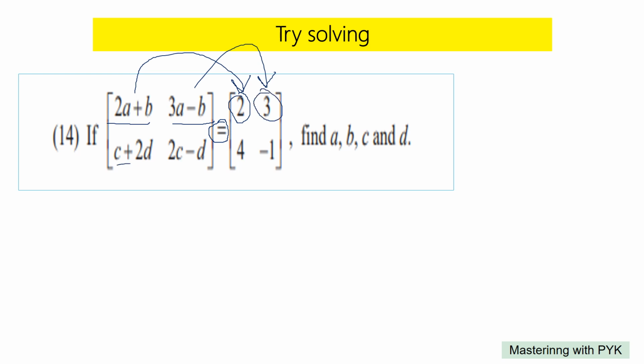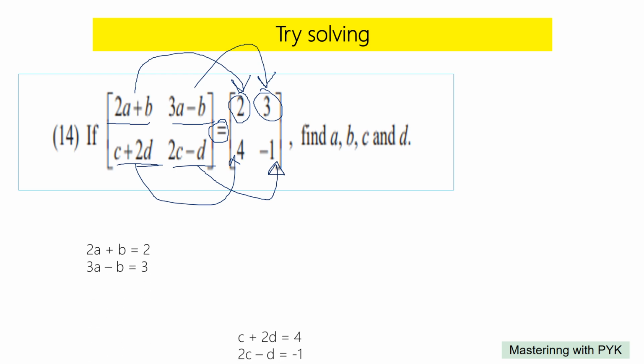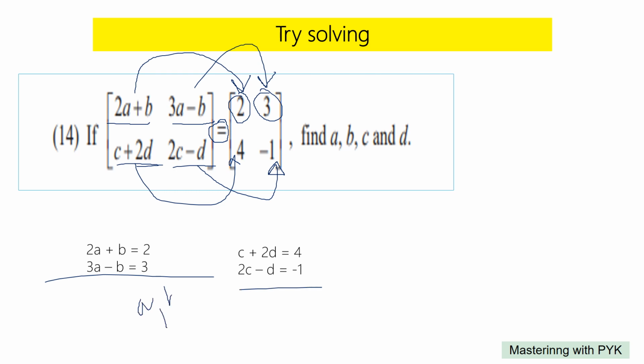Similarly, c plus 2d is 4 and 2c minus d is -1. So how will we be solving this? We have two equations with a and b as variables and two equations with c and d as variables. So you can solve them independently and get the values of a, b and c, d, right? You can get a, b from here and c and d from here.